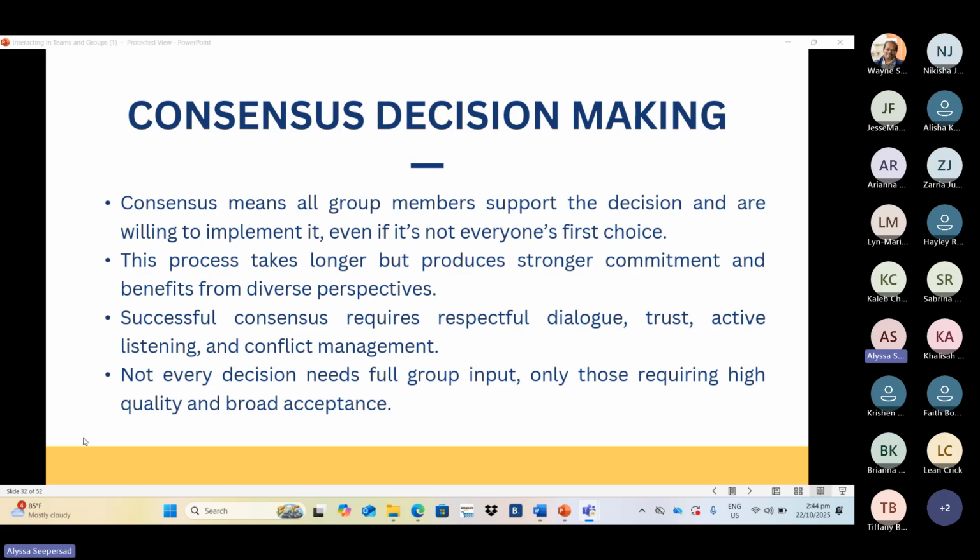And not every decision needs full group input, only those requiring high quality and broad acceptance. So for decisions that need high quality and broad acceptance, consensus is ideal. But for routine or minor decisions, smaller groups or individuals may decide to save time.